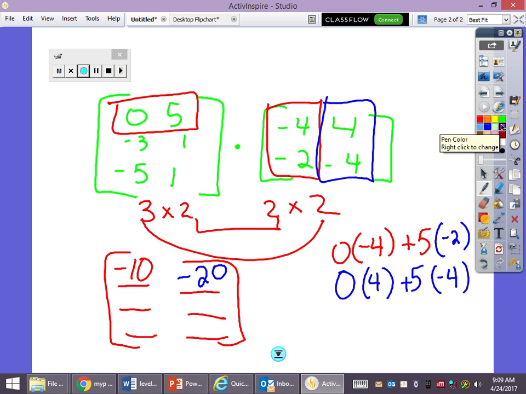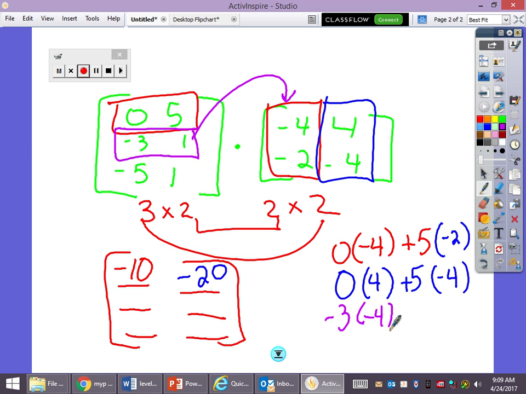Okay, now I'm going to do the same exact thing. I'm going to take the second row times the first column. So what would that look like? Negative 3 times negative 4 plus 1 times negative 2. What's negative 3 times negative 4? 12. And 1 times negative 2. What is 12 plus negative 2? 10. I gave away the answer. Okay.